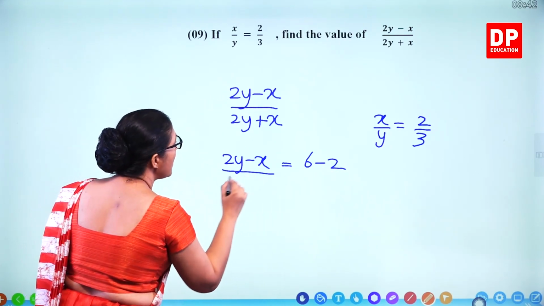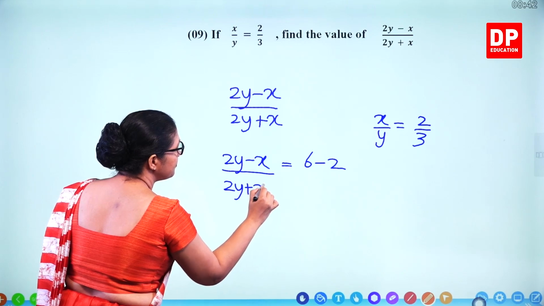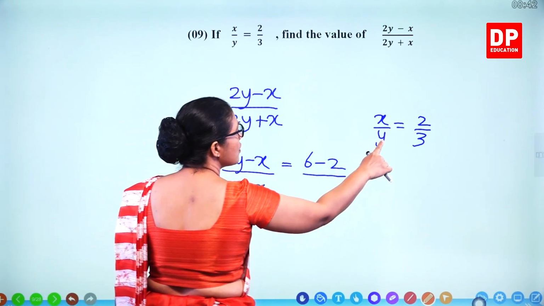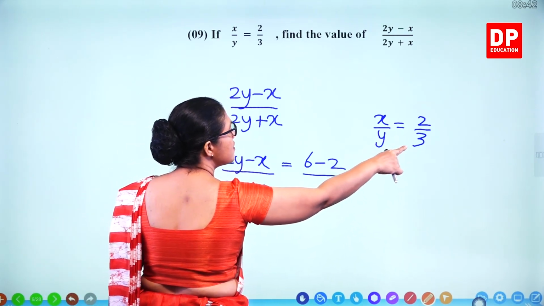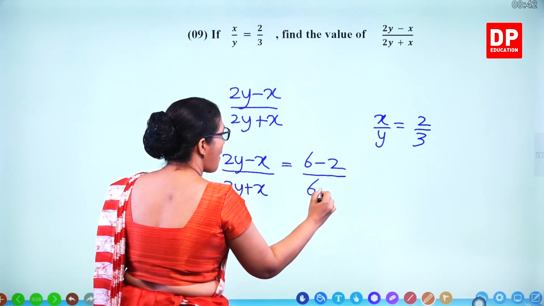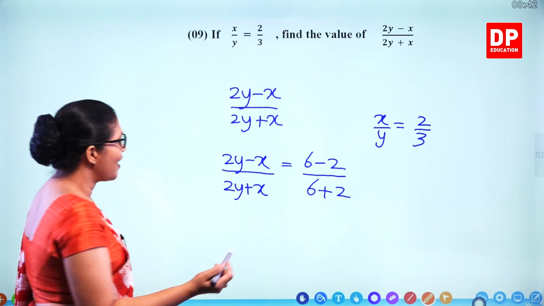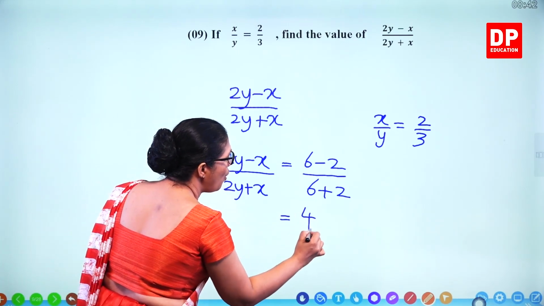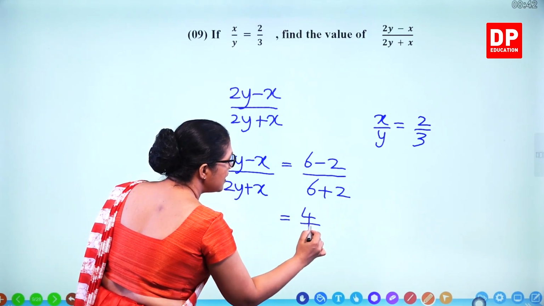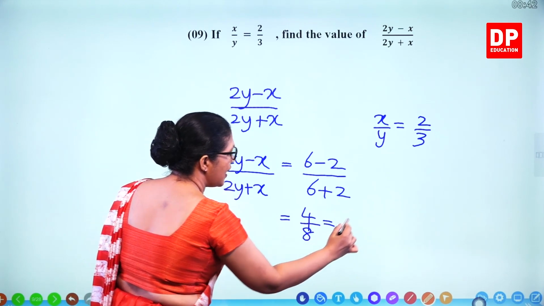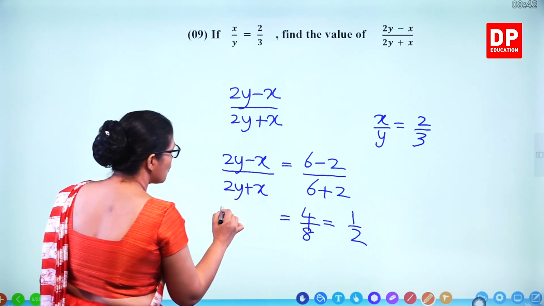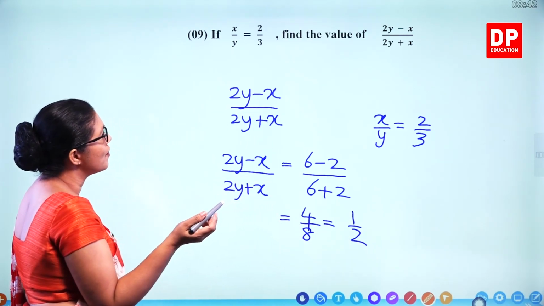What's 2y plus x? 2 times y means 2 times 3 is 6 plus 2. So easily you can do 6 minus 2 is 4, 6 plus 2 is 8. 4 over 8, that means half. So the ratio is half.